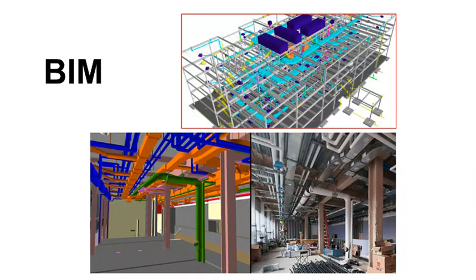With BIM technology, we can perform virtual construction in the digital space first. Once we are satisfied with the planned process and outcomes, we can then engage in real construction. As you can see here, the real construction should follow very well the virtual construction.